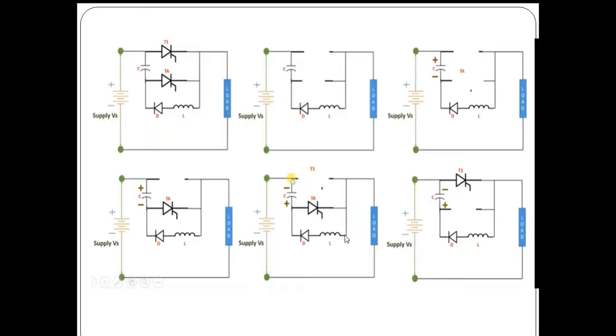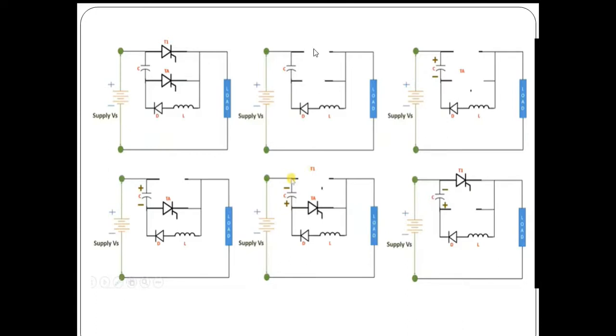The capacitor voltage will appear in reverse direction across the main thyristor T1 and T1 will turn off. When T1 turns off, the current will be flowing through auxiliary thyristor TA through load and the capacitor will charge. So this is the commutation circuit.